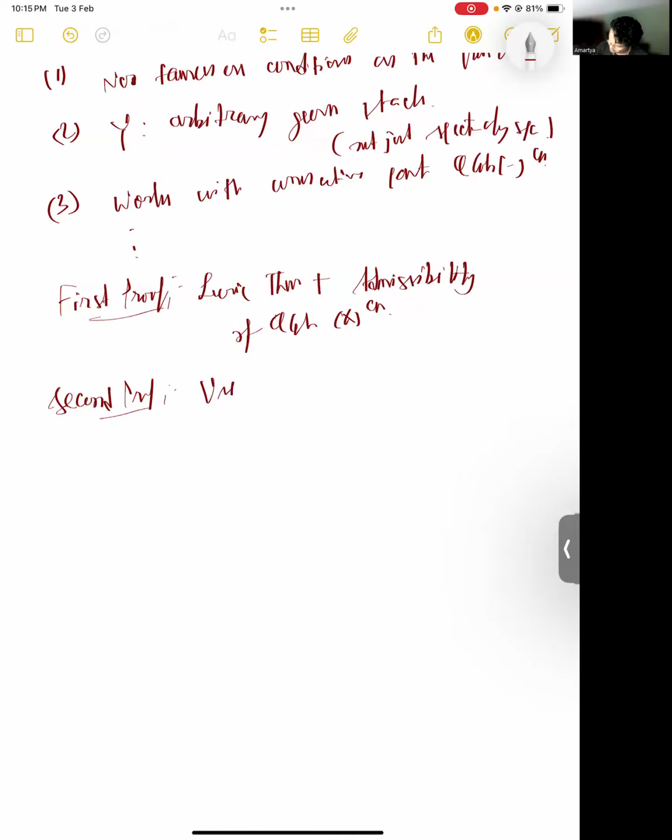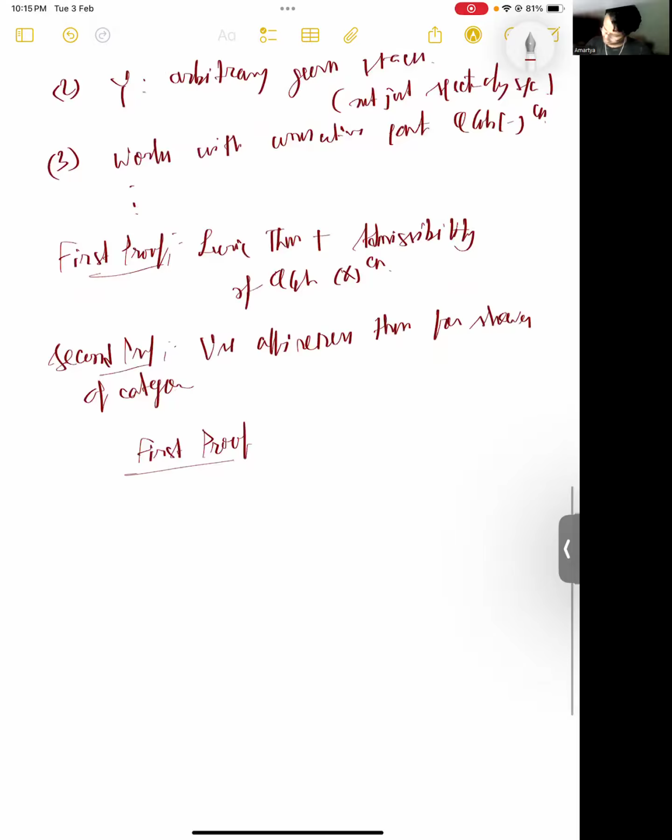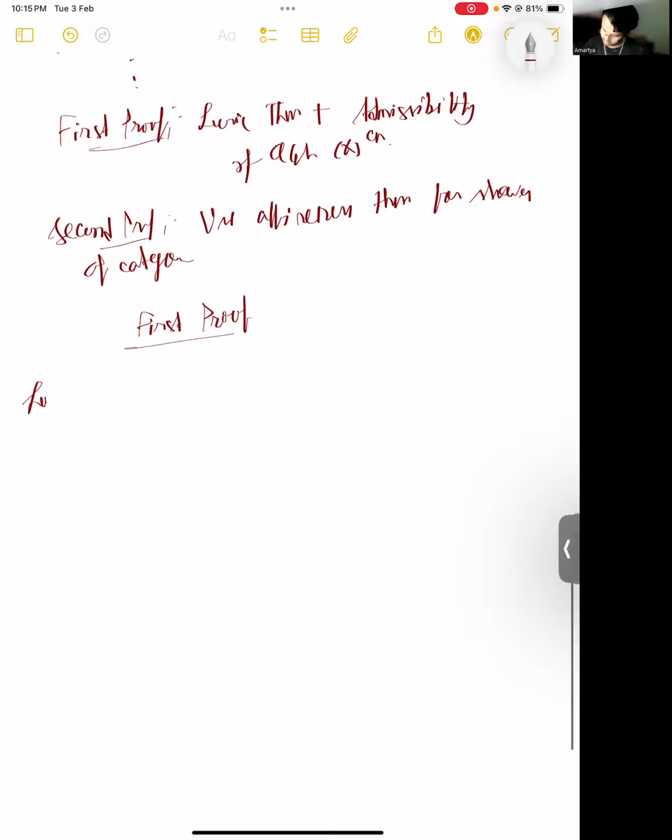For the second proof, we use the affineness theorem for sheaves of categories. So let's see our first proof. First proof, right? So, lemma.